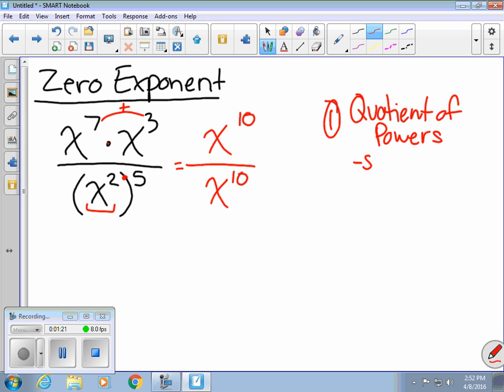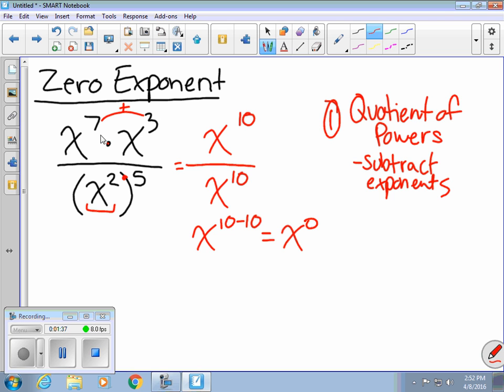And so we subtract our exponents. All right, so let's see what happens there. That's going to give me x to the 10 minus 10, which is x to the 0 power.